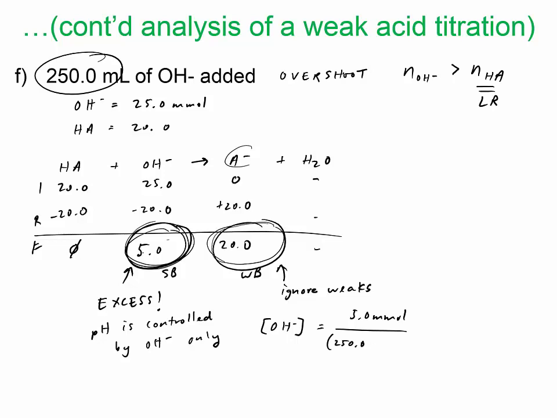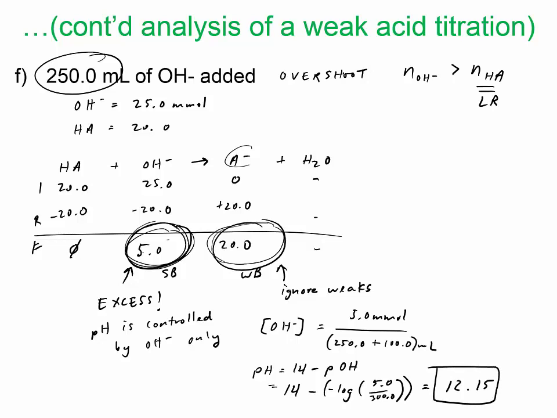We had 250 from the OH and then 100 from the original weak acid, so that's 5 divided by 350. So our pH would be 14 minus the pOH, which equals 14 minus the negative log of 5.0 over 350. If we type this in our calculator, we get 12.15 for the pH.